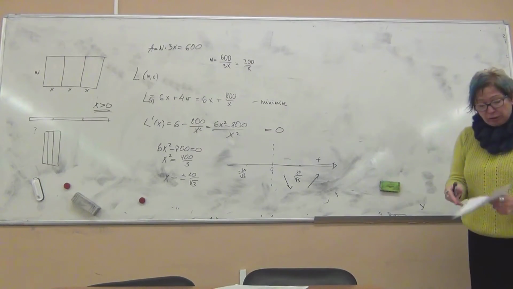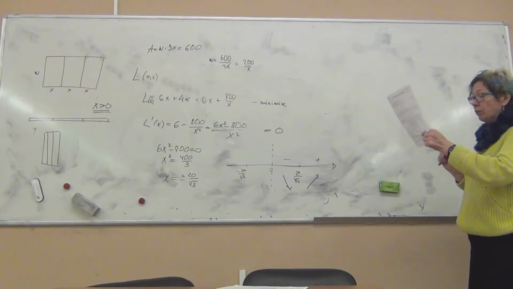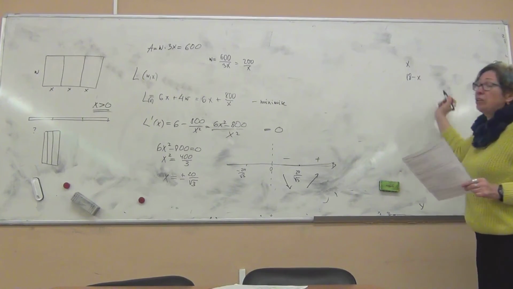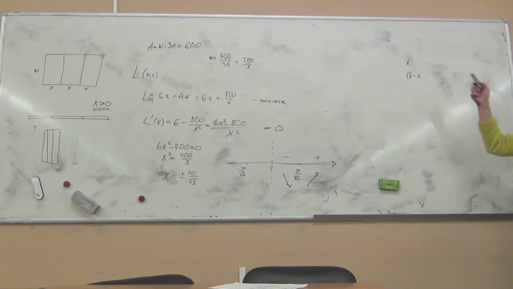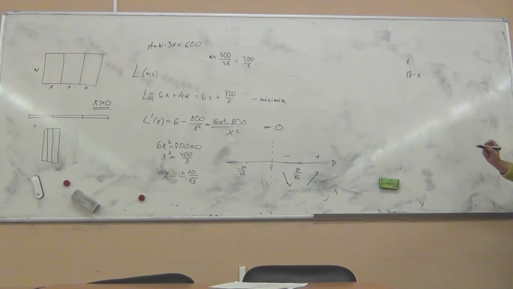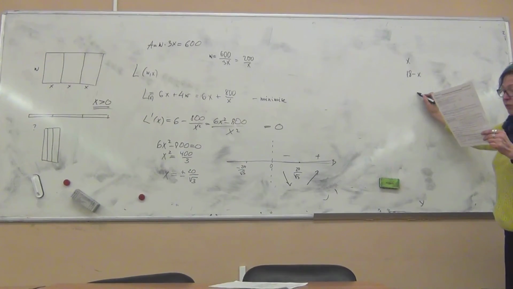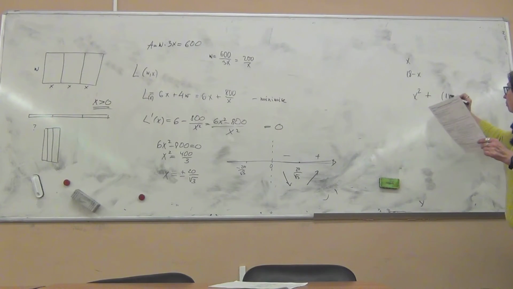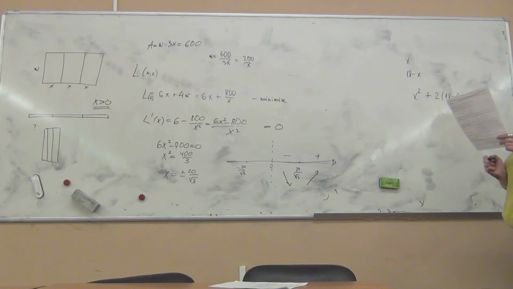So the sum of two numbers is 18. So the first number is x and the second number is 18 minus x. I'm not even introducing another variable. The first number squared plus the second number doubled is the least possible.